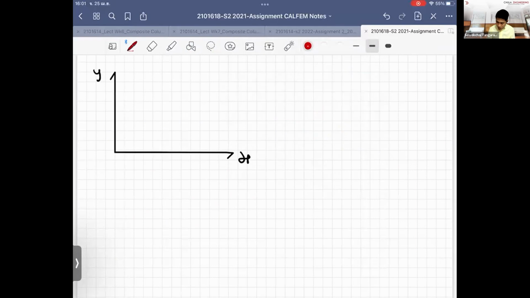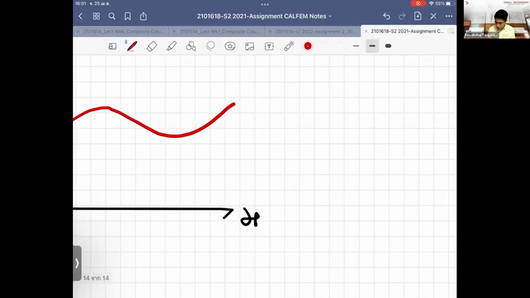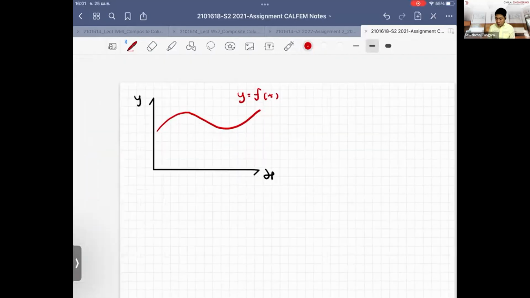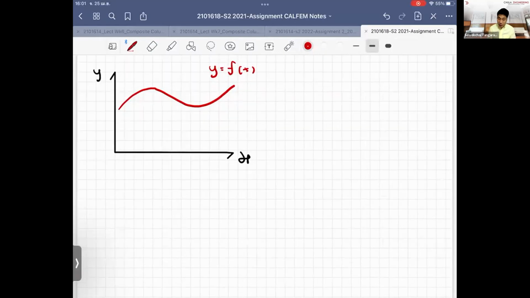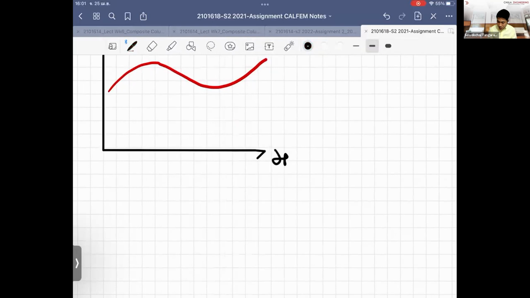I'm saying that I want to describe a nonlinear function, y in terms of x. This can be described as y as a function of x. This is the nonlinear curve in the plane. When we use Gauss points, which are the integration rules in the finite element concept, it is as follows.